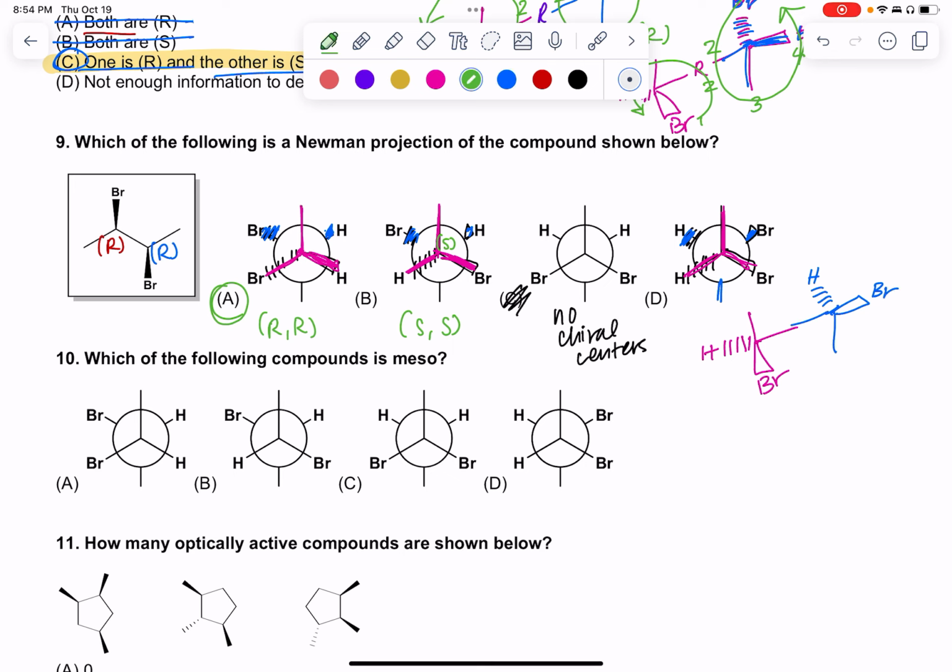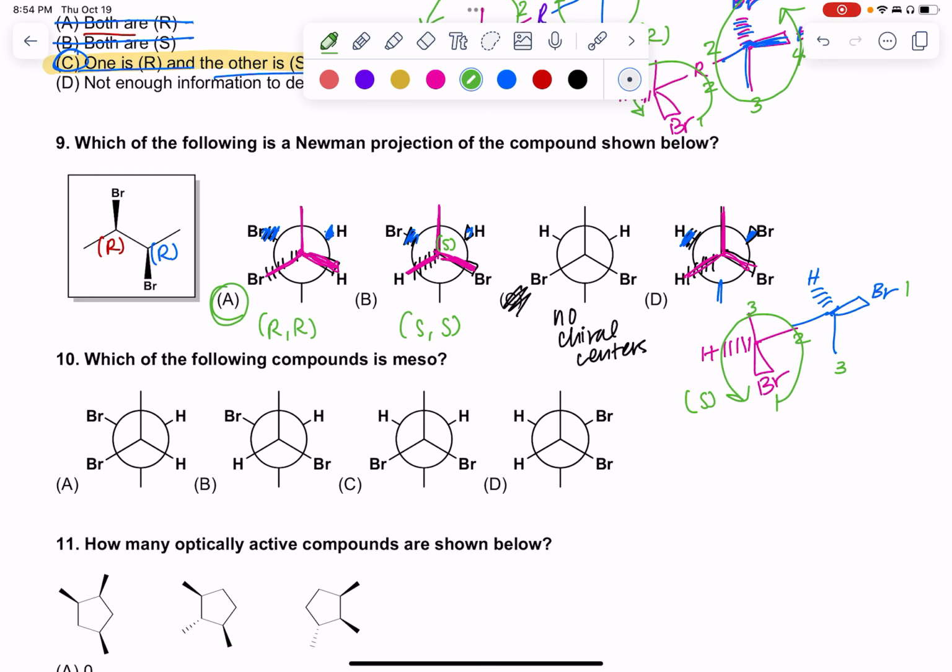Again, number these quickly. You've already got the answers. We know this is 1, 2, 3. We've already done this. 1, 3, 2. Okay, so 1, 2, 3 on this one. This looks S. It is S because H is in the back, so this is S. And this one is 1, 2, 3.